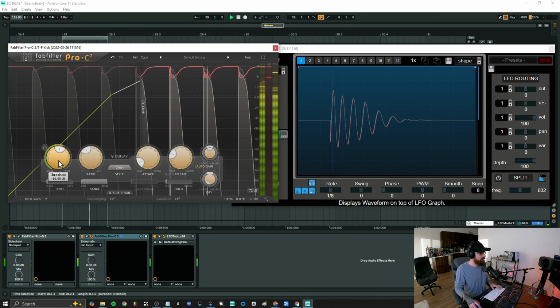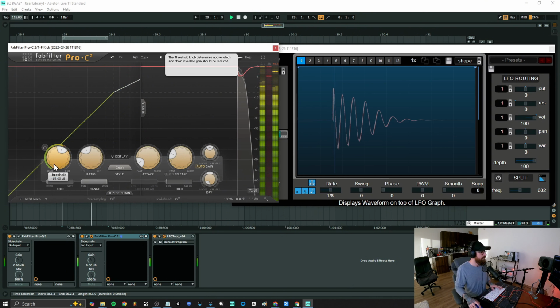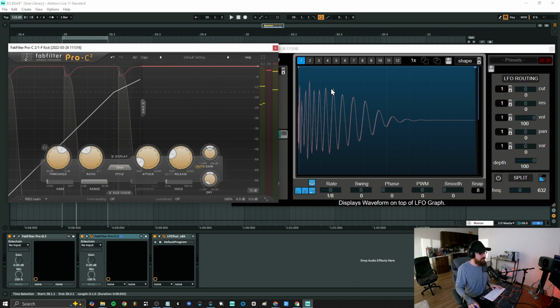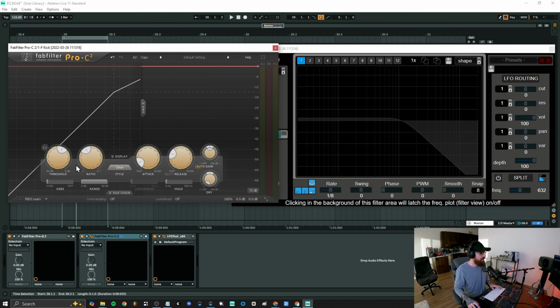Okay, so around, let's make this a whole number and do -15. So we can see that our kick drum still roughly has the same shape as when we started, it's just a little bit quieter. Let's manipulate some of these settings while keeping the threshold and the ratio the same.